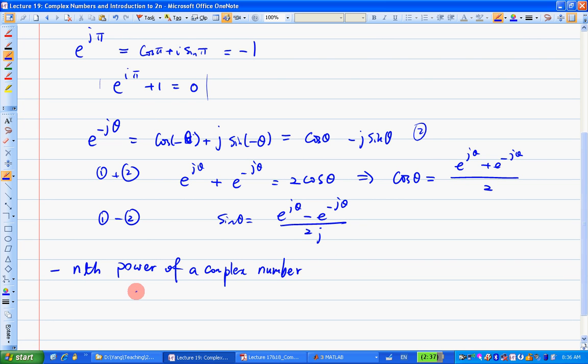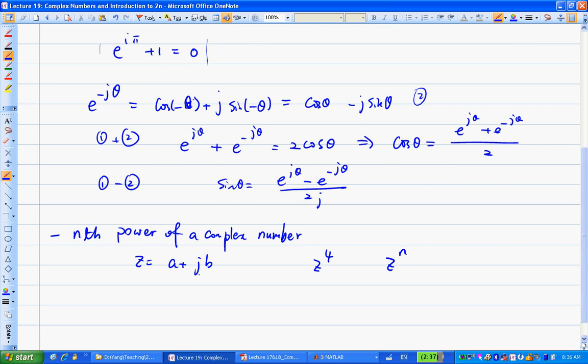If I have a complex number z equal to a plus jb, what you may be required to do is find z to the power of 4, for example, or in general, z to the power of n. What would you do? The very traditional way of doing this, if you're calculating z to the power of 4, is to multiply a plus jb by a plus jb, four times. So you expand those factors four times, essentially.